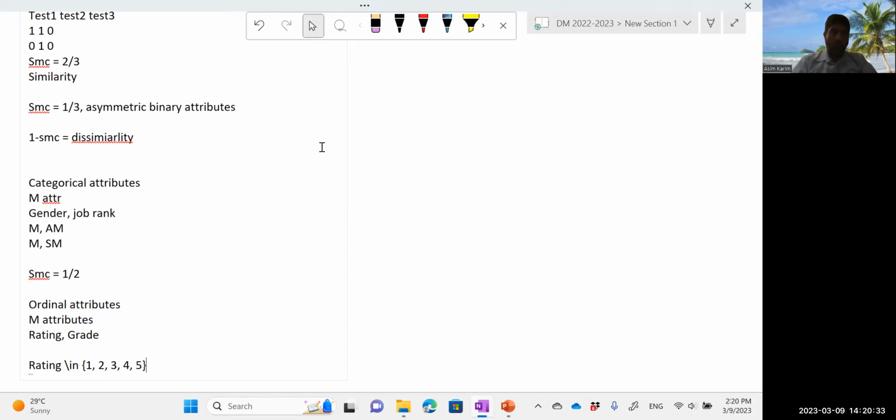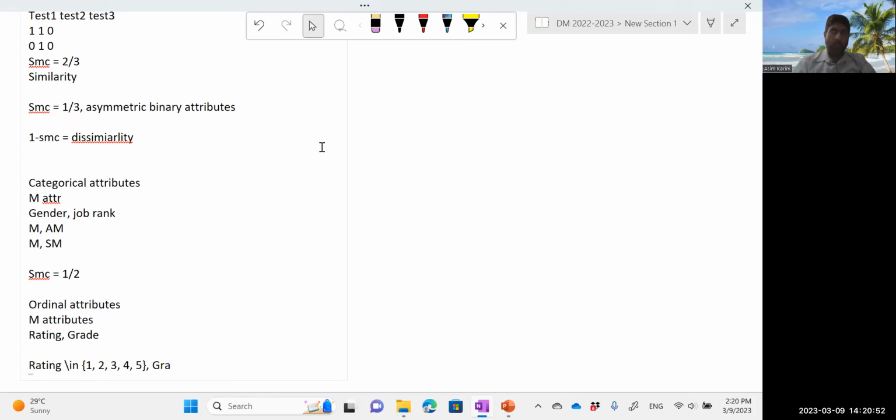So these are labels, they are categorical, but we can give them numbers since they are ordered. 1 rating is less than 4 and 4 is less than 5, but we cannot say whether the difference between 1 and 2 will be the same as the difference between 2 and 3. We can't say that absolutely.